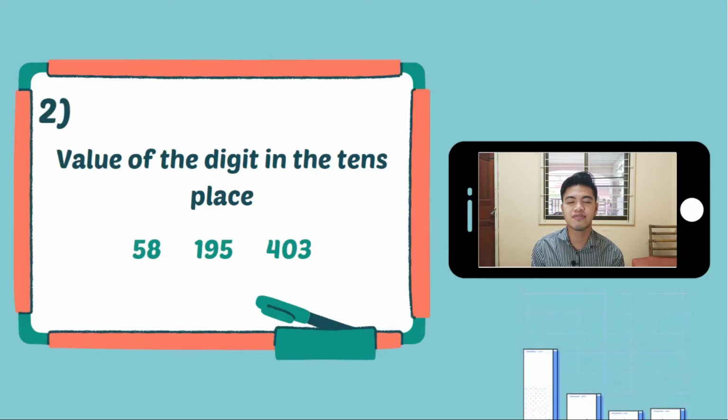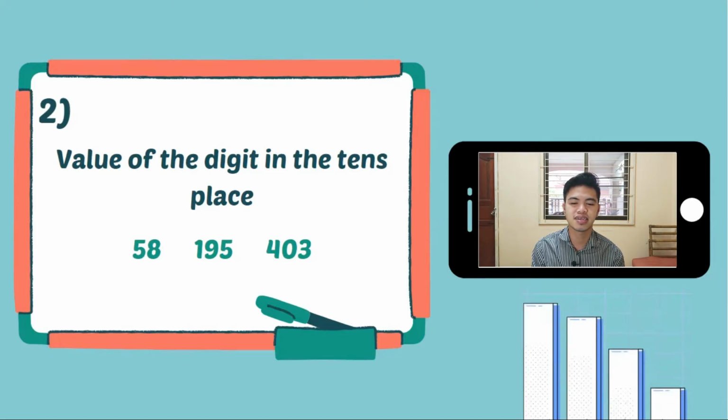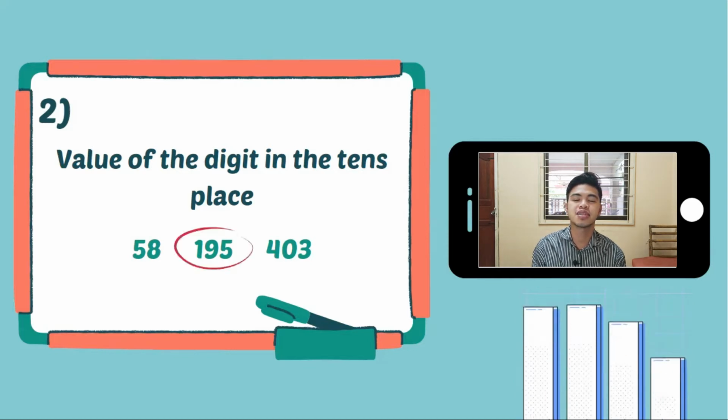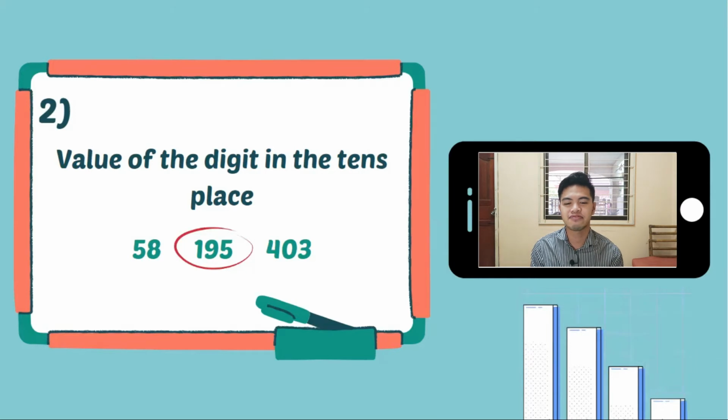So here we have the values 50, 90, and 0. So which is the biggest among the 3 values? Good job! The number which has the biggest value is 195 because it will be 90 in the tens place.